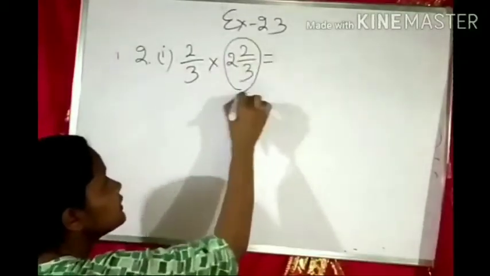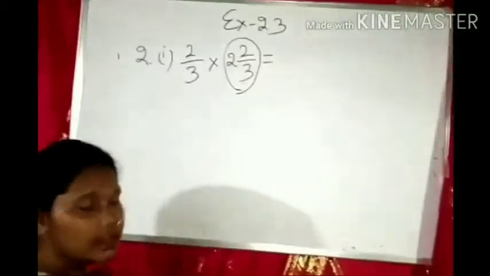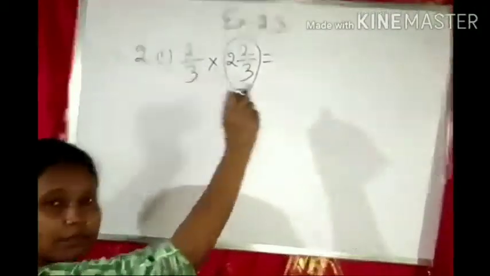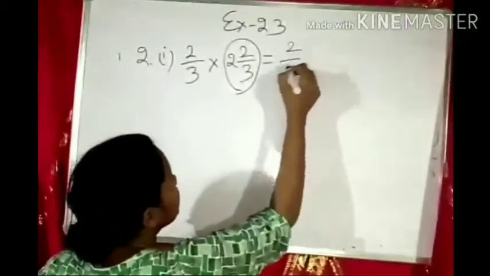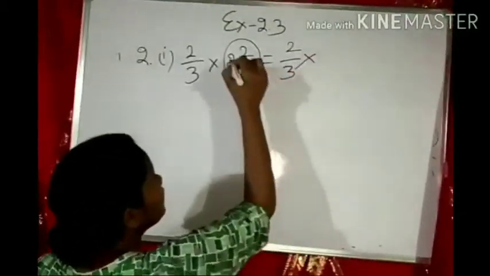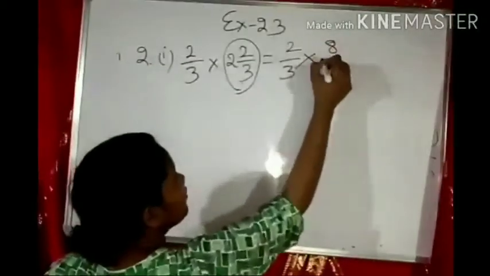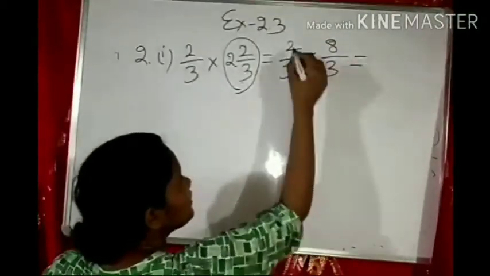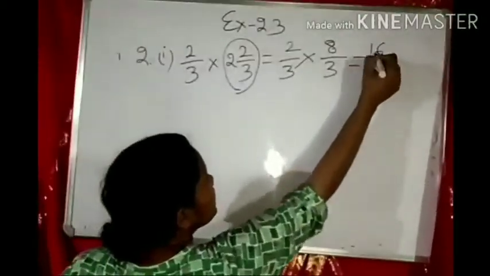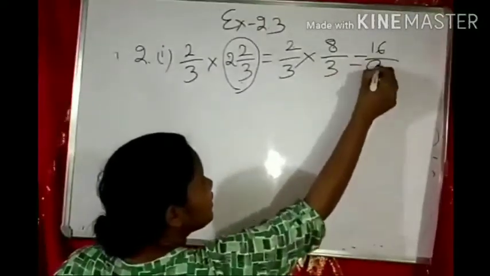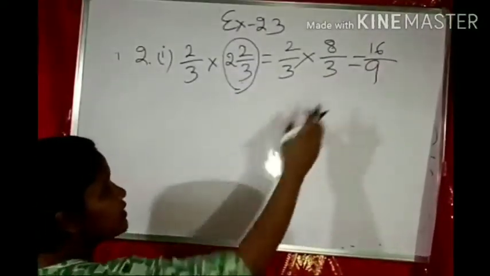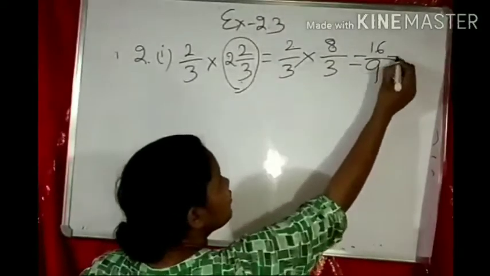So you convert this mixed fraction into an improper fraction, then multiply it. So 2 by 3 into 3 twos are 6 plus 2, 8 by 3. 2 eights are 16, 3 threes are 9. So the answer is 16 by 9. Now this is also an improper fraction.